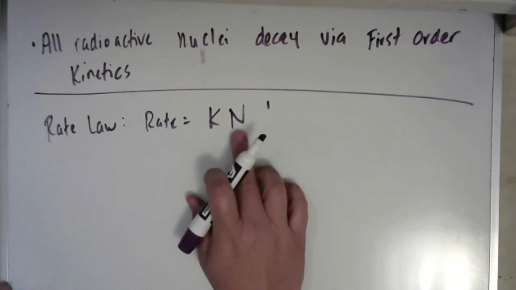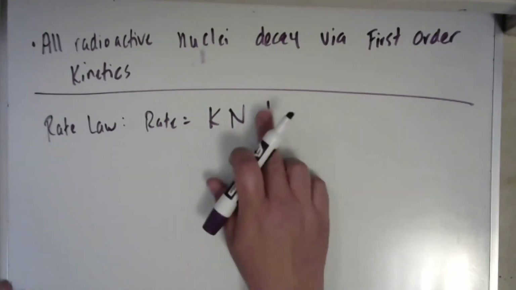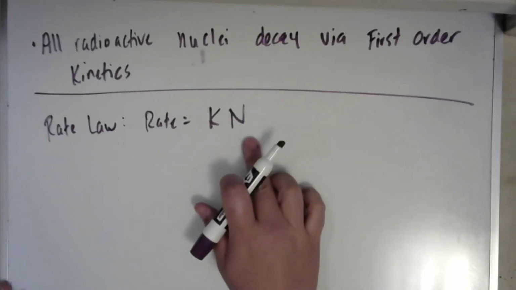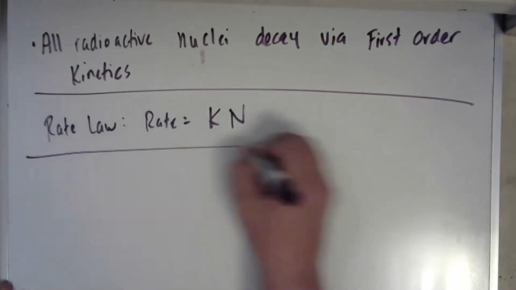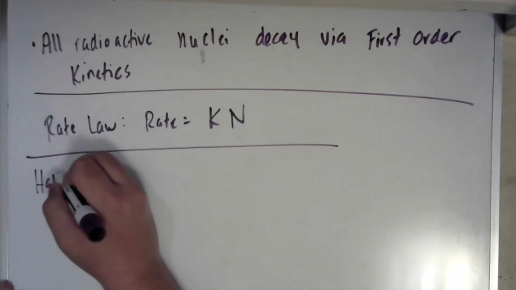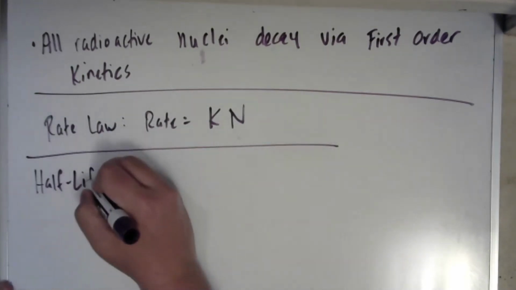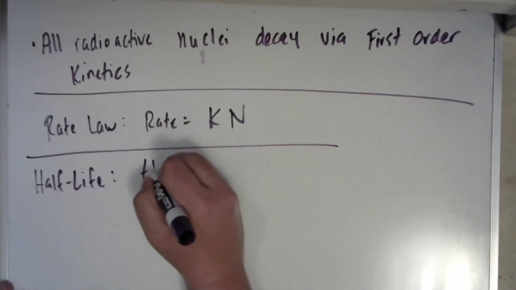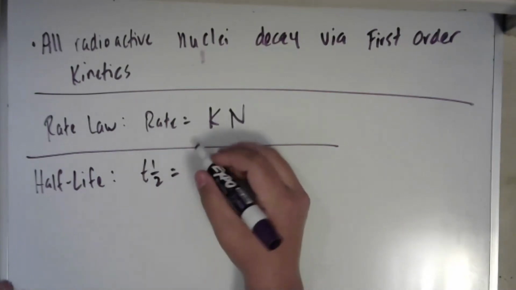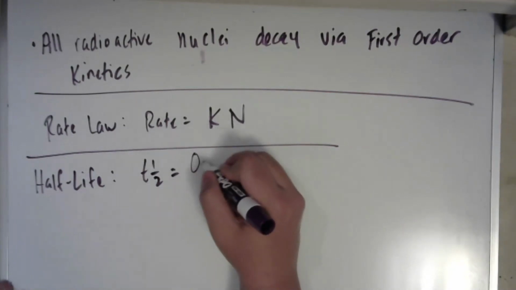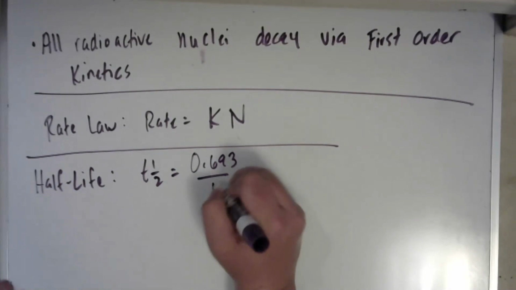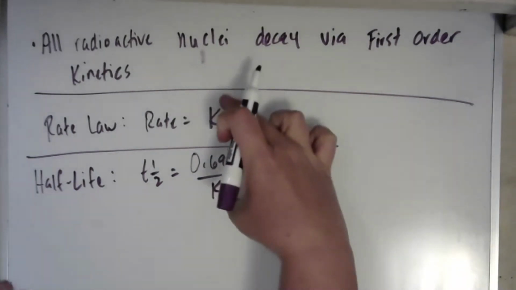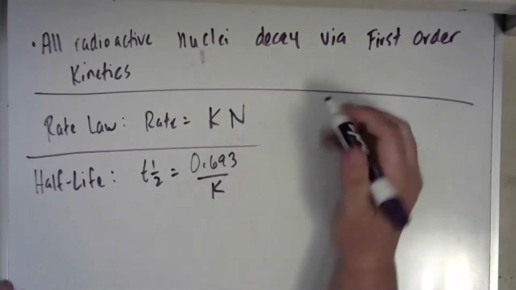But you're still going to raise the amount of radioactive nuclei to the first power, which means that it's just k times N. Your half-life equation for your first order reaction is still going to be 0.693 over k, and this is still your rate constant. In both of these, the k value is your rate constant.